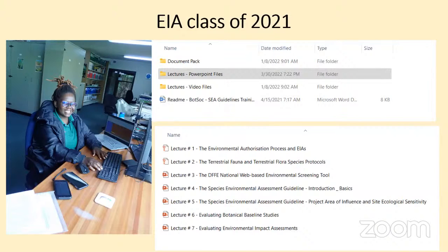What I did, I downloaded all the materials offline so that I can study them whenever I'm able to. As you can tell, I am a fan of online learning because it gives me the opportunity to learn at my own pace, to understand things and to always go and revisit them.